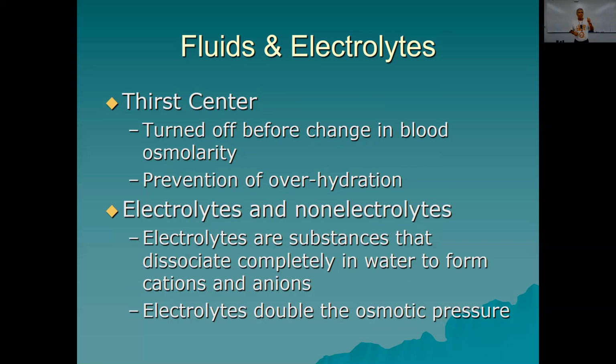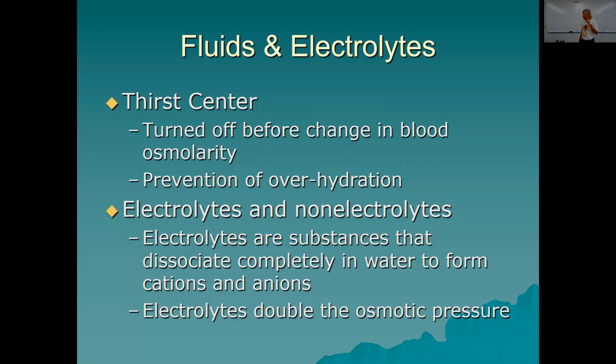And if you waited for blood osmolarity to change to turn off the thirst center, you'd actually drink too much and get overhydrated. So the corrective mechanism for that is just to distend your stomach. They've shown that they can distend people's stomach when they're thirsty, but not drinking water, but distending it by some other means, and their thirst goes down. So that prevents overhydration.